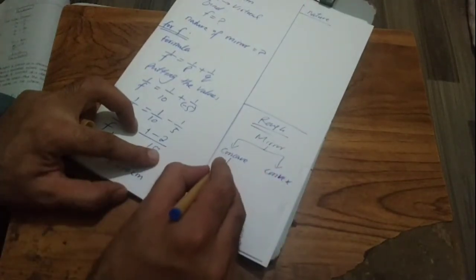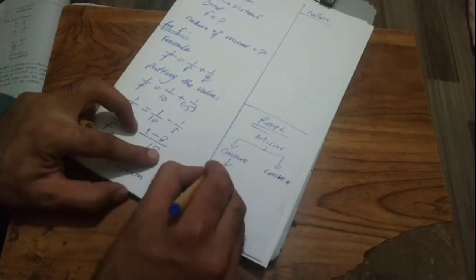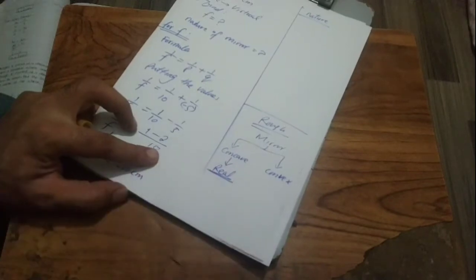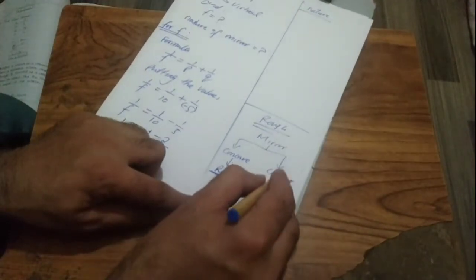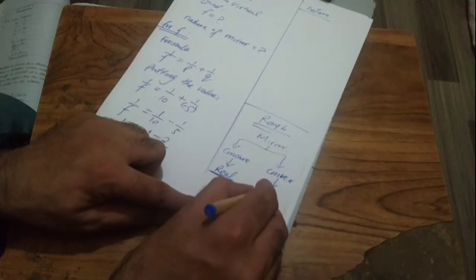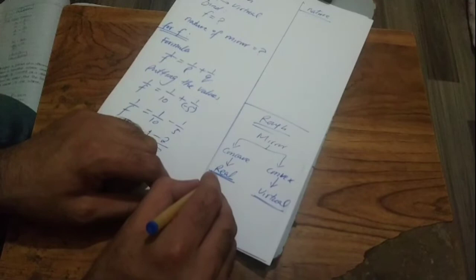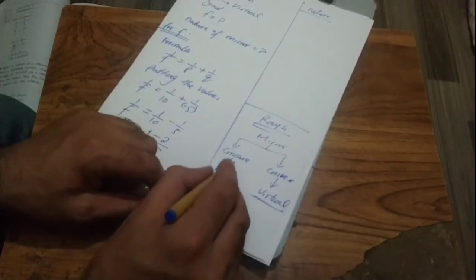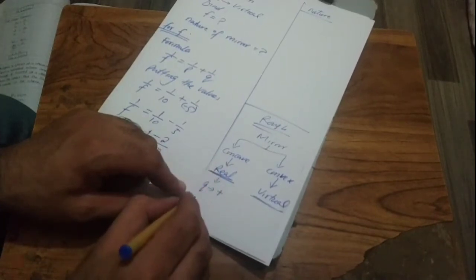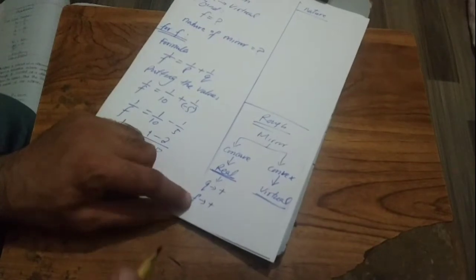Remember, the image of a concave mirror will always be a real image, and the image formed by a convex mirror will be virtual. And moreover, Q will be positive for a concave mirror or real image, and F will also be a positive value. You have to remember this as well.